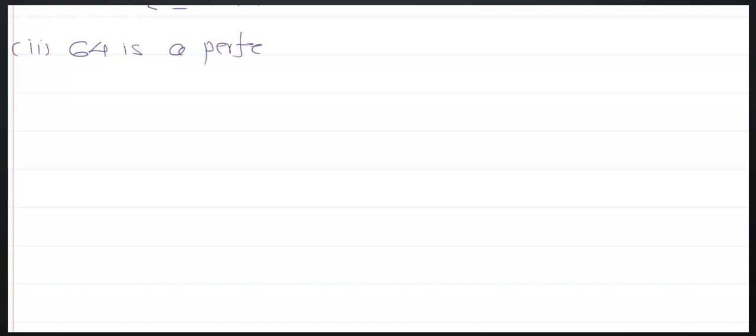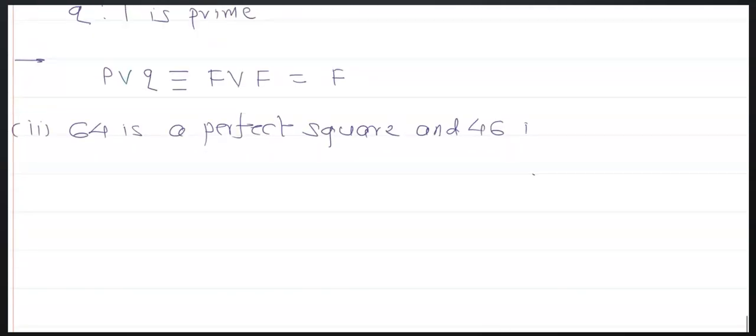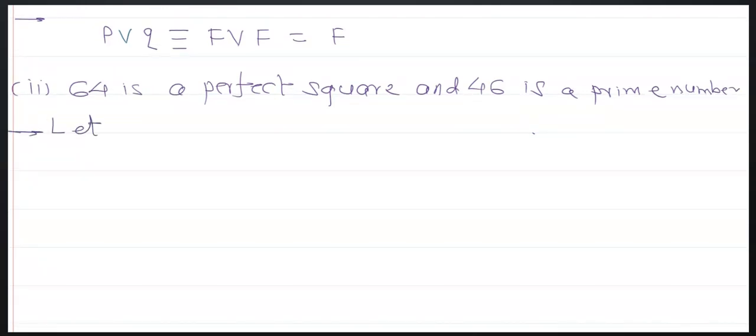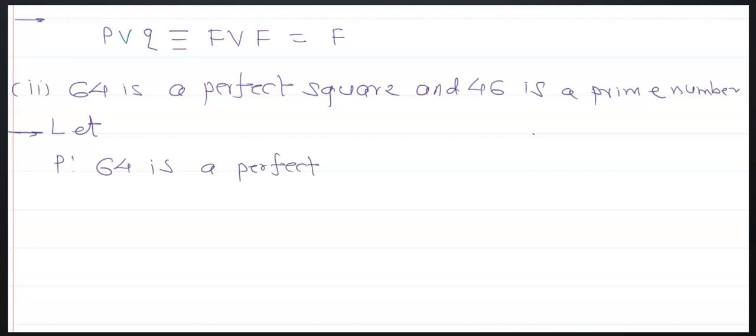Next, 64 is a perfect square and 46 is a prime number. Now P is 64 is a perfect square. It is true.